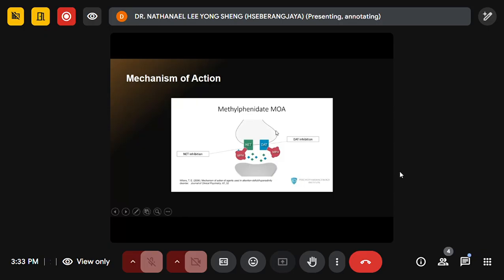The outcome is an increase in the levels of dopamine and noradrenaline, and hence it will help us to achieve an alert level.